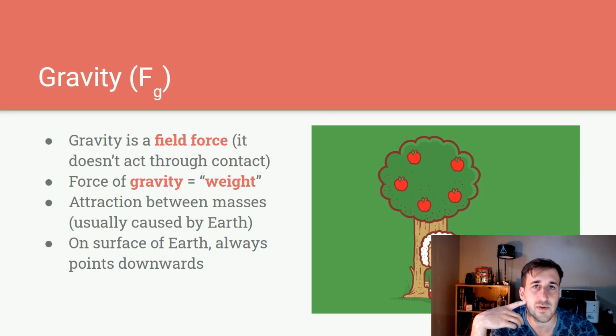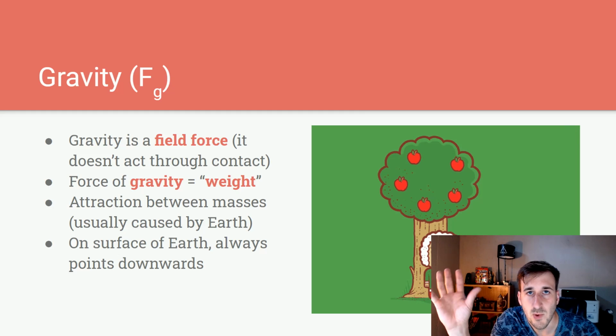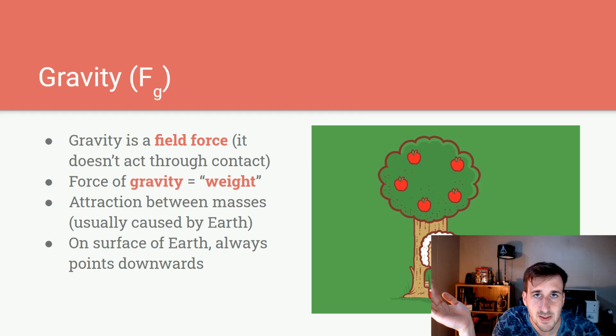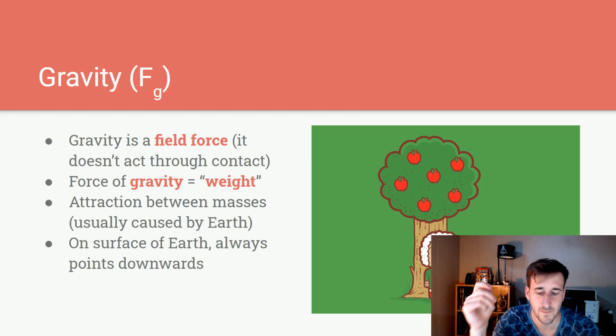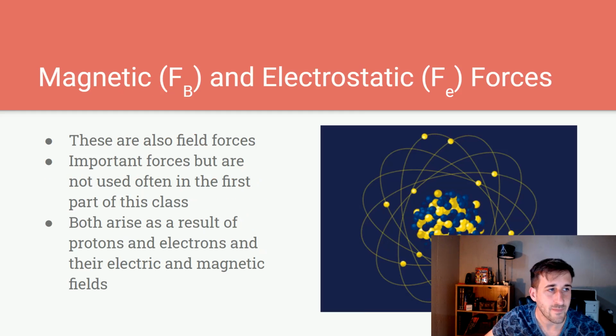It's just that those forces are so small that you can't really tell. On the surface of the Earth, gravity always points downward from our perspective. If you zoom out and go deep into space, gravity doesn't need to point downwards, but then again, which way is up and which way is down in space anyway? Right? So, moving on from that.